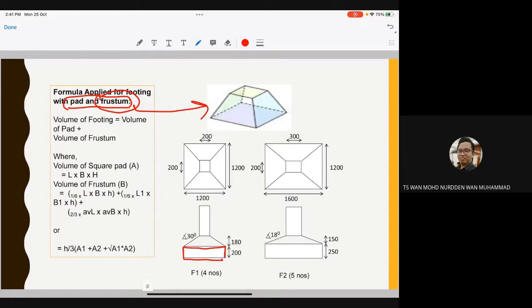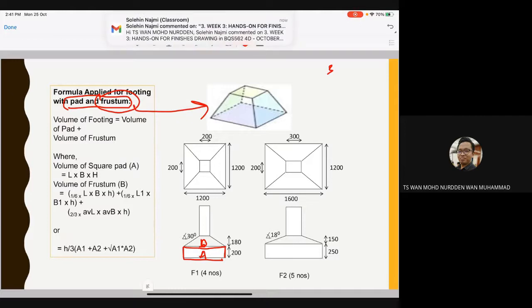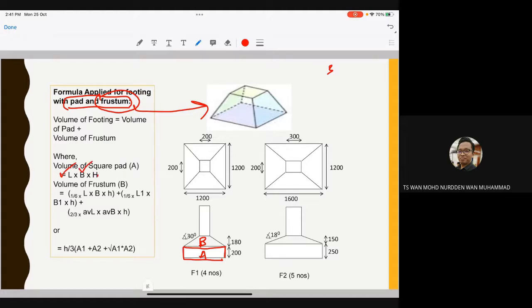Apa maksud A dengan B tu? Yang ni yang ni A, yang ni B. Yang ni B. Okay. Yang kita nak betul-betul kita nak tahu adalah yang B ni, yang A tak ada masalah. Okay. Length times breadth times with the height.